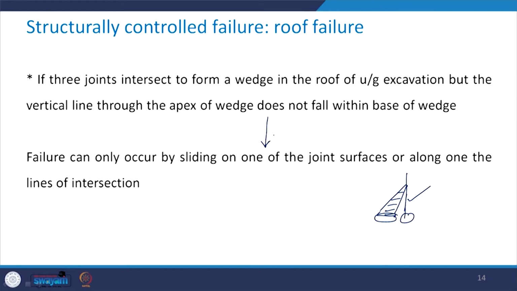However, there is going to be failure because of the sliding on one of the joint surfaces or along one of the lines of intersection of either of these three discontinuities.